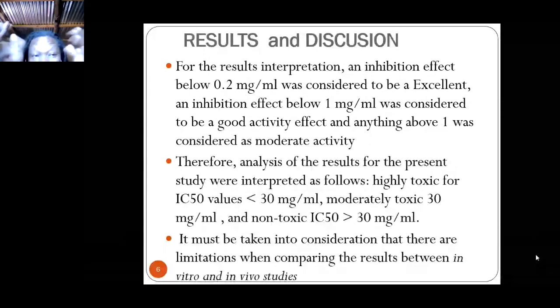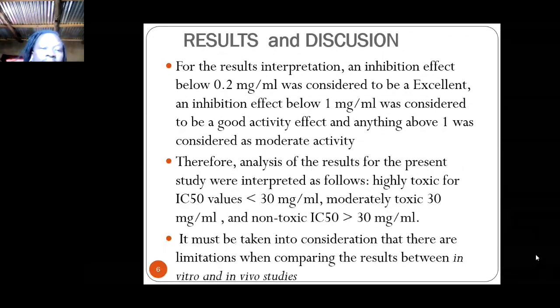The animal model and the laboratory model we use are different, and in the animal model toxicity might differ depending on the health of the animals. That's how we interpret the results. The next slide.